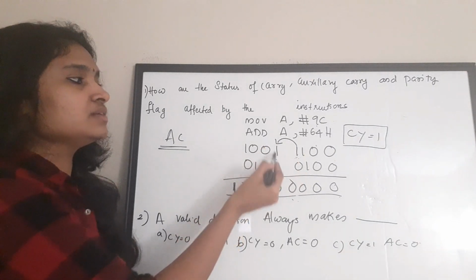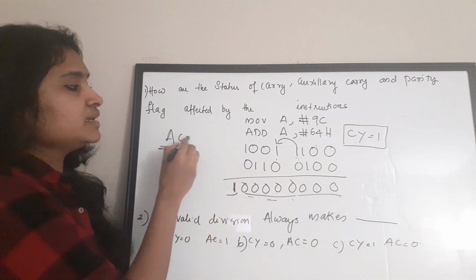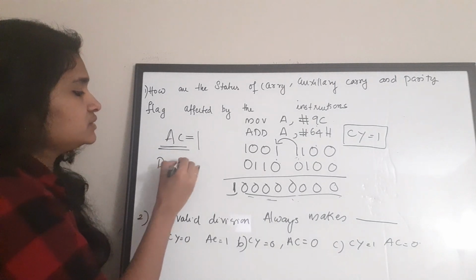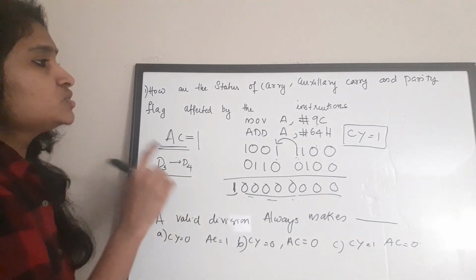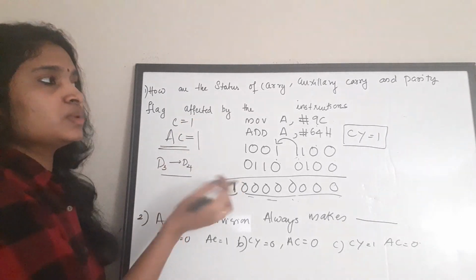Yes, there is a carry generated from this bit to the D4 position, so the auxiliary carry is also 1. When there is a carry from D3 to D4, the auxiliary carry is set to 1. So carry is 1 and auxiliary carry is also 1.